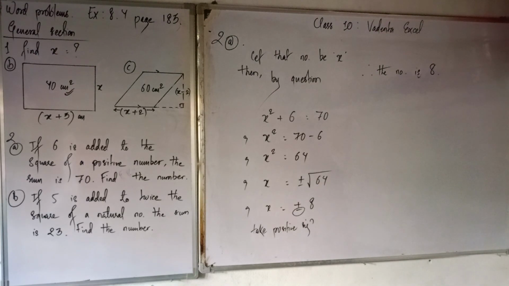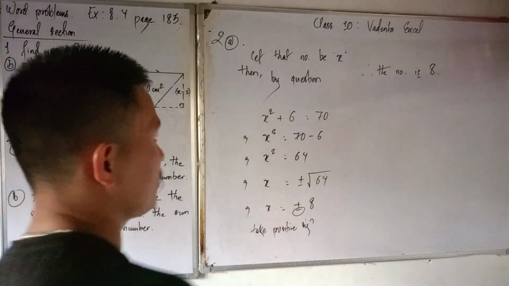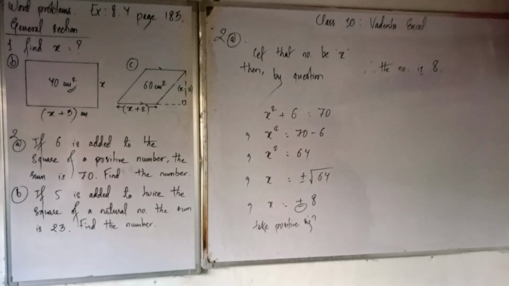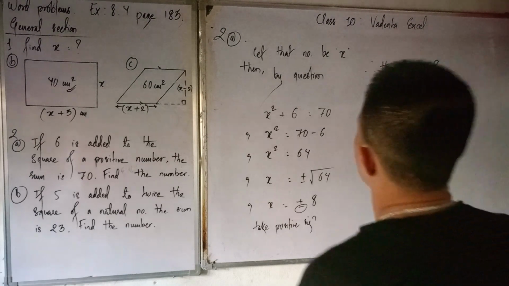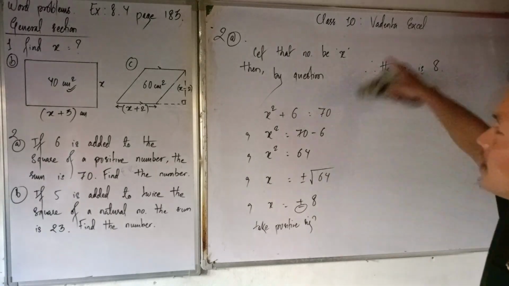Okay, so this one also no problem. Then let's move on to number 2b. If 5 is added to twice the square of a natural number, the sum is 23. Just like the previous one. No need to worry.